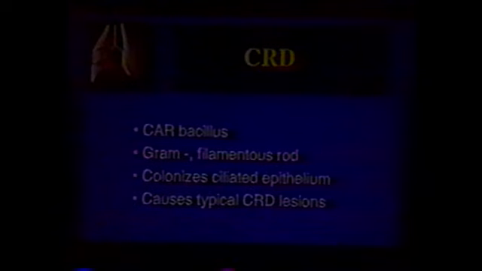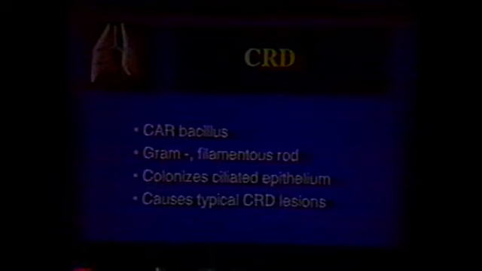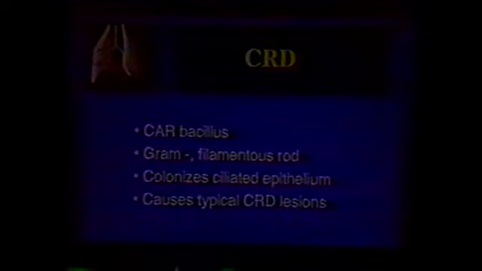I don't want to say a lot about Carbacillus. You need to be aware that there is a second bacterial agent, which is a gram-negative filamentous rod that colonizes ciliated epithelium and causes lesions identical to Mycoplasma pulmonis. And here is an example of this.